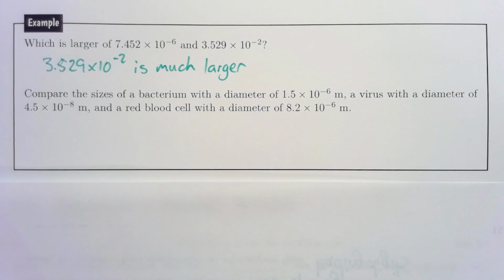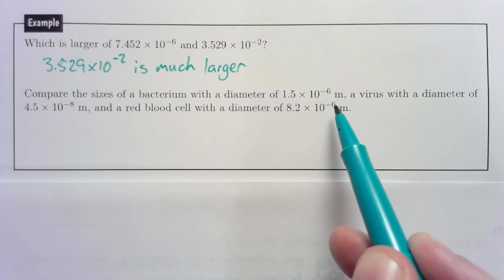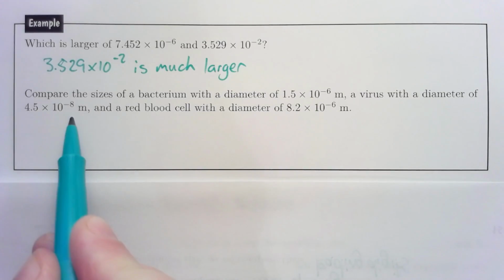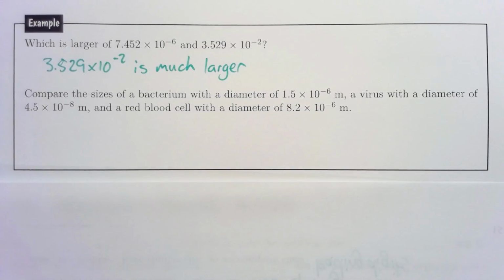Since we are dealing with scientific notation, let's look at an actual scientific example. So we want to compare the size of a bacterium with diameter 1.5 times 10 to the power of negative 6, a virus with diameter 4.5 times 10 to the power of negative 8, and a red blood cell with a diameter of 8.2 times 10 to the power of negative 6.